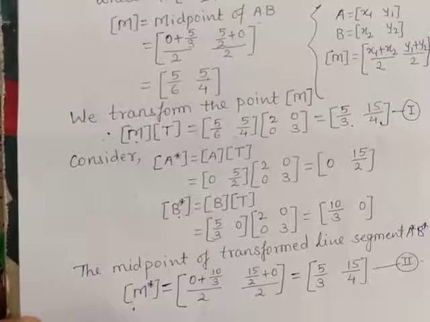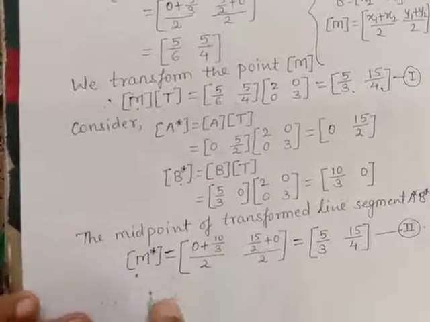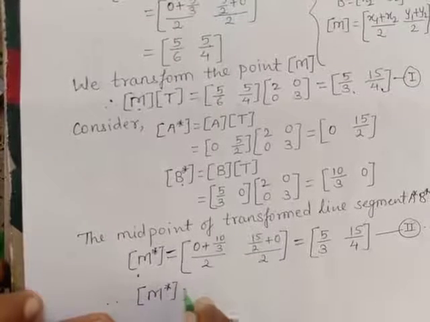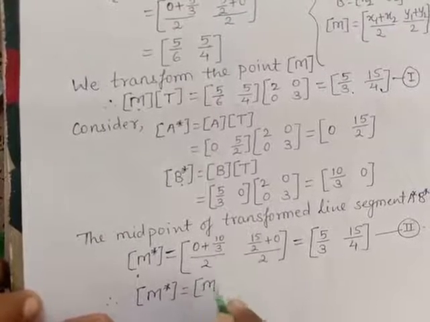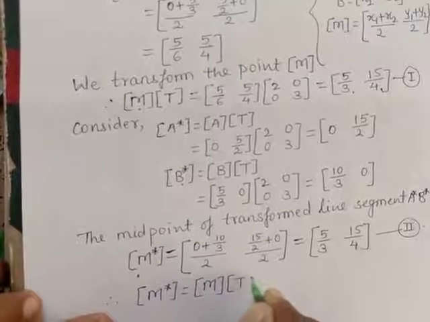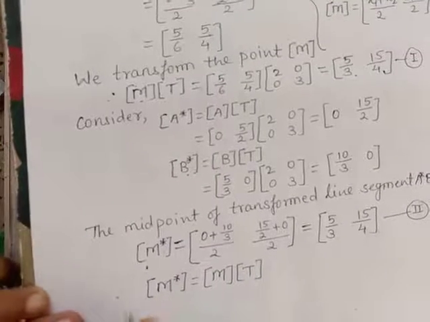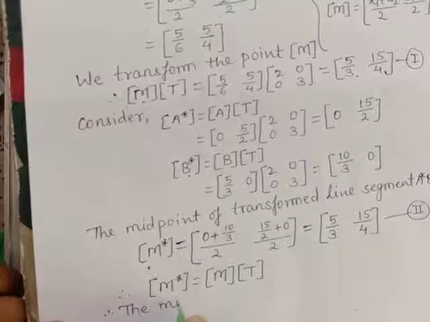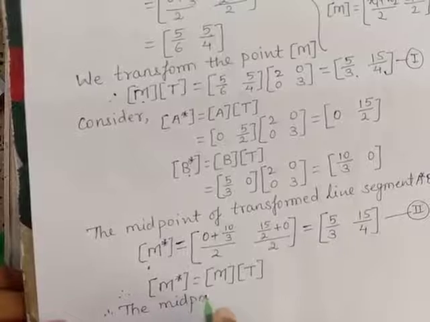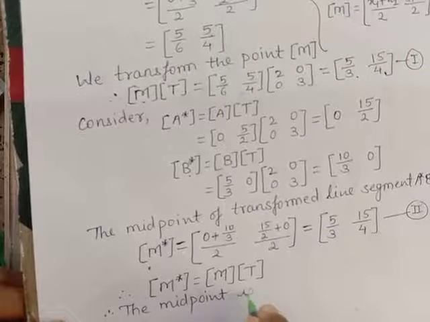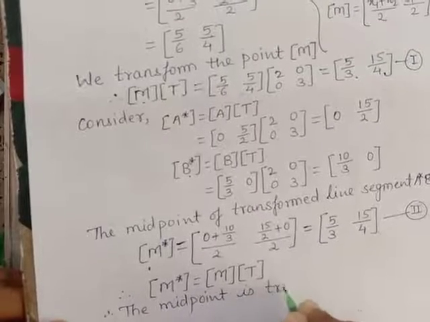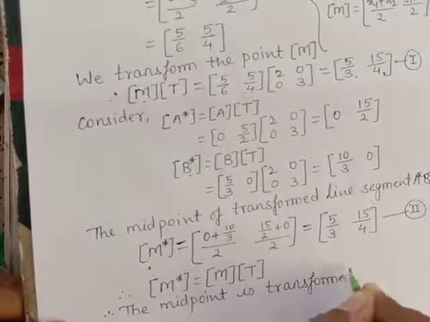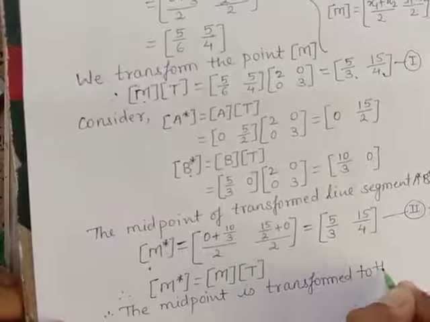Therefore, this M star is the same as M into T. Therefore, the midpoint is transformed to the midpoint.